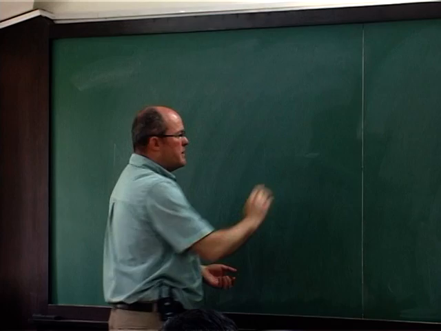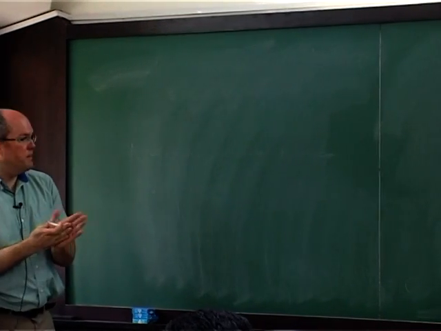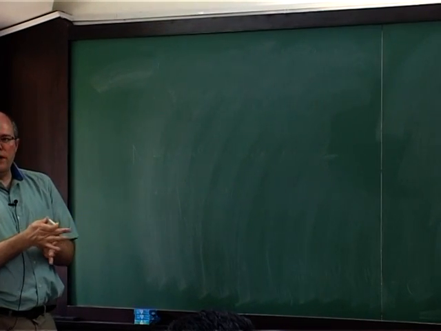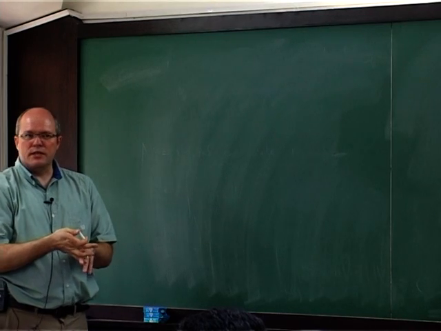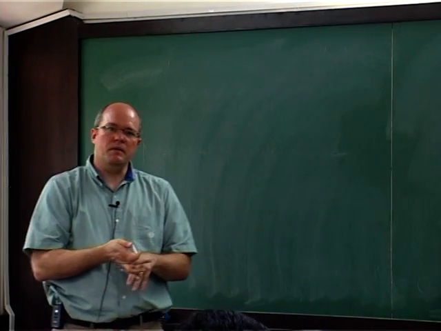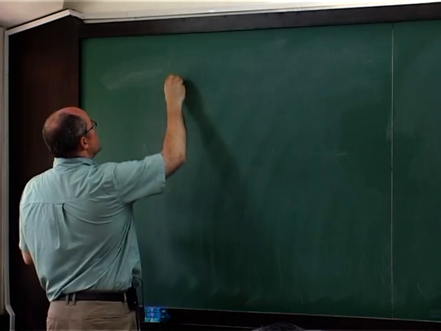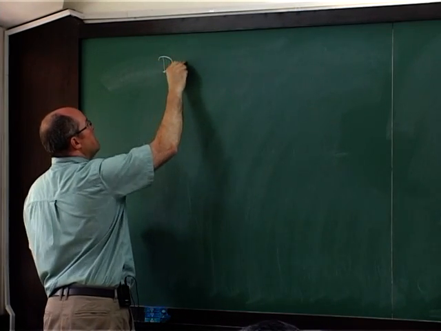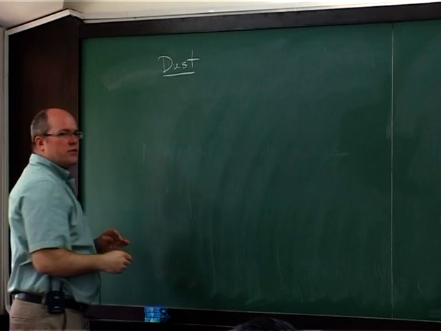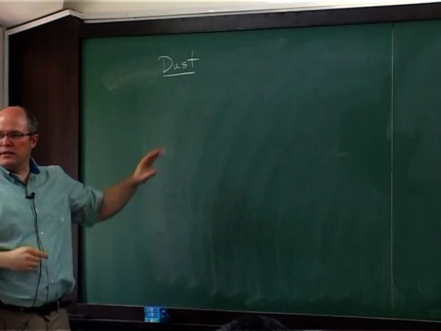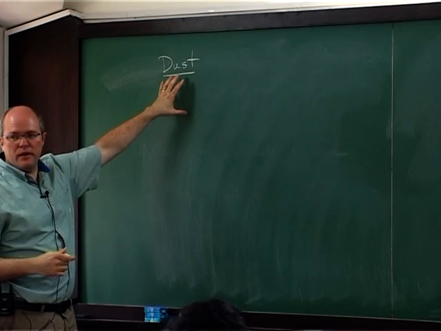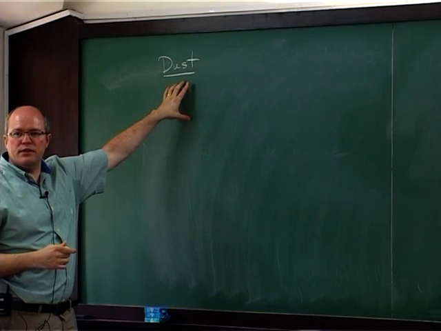Okay, I started off saying that we're going to look now at relativity. There are different ways you can introduce the stress energy tensor for a fluid in relativity. I'm going to use a simple one that's motivated by thinking first of dust. Dust is what we call a fluid if the pressure is identically zero.